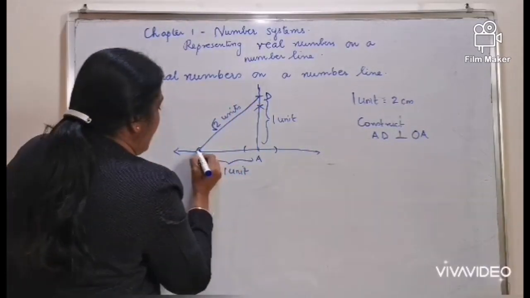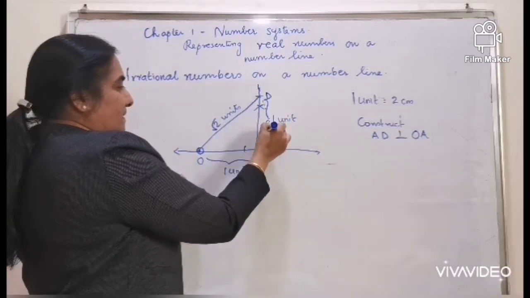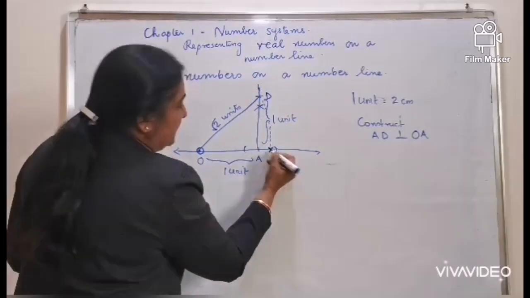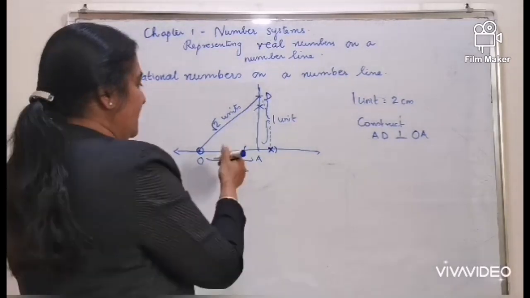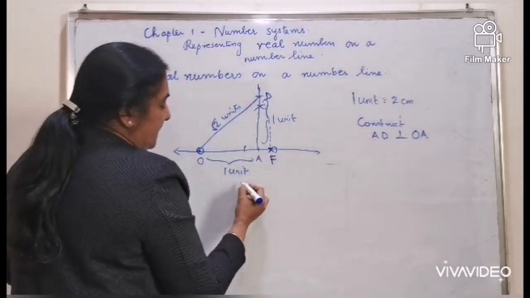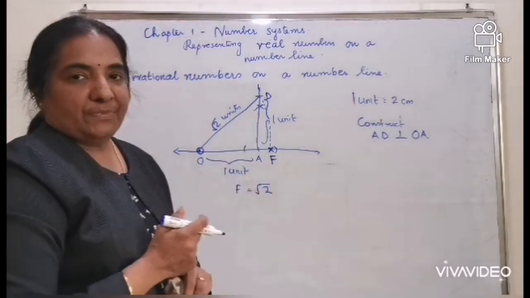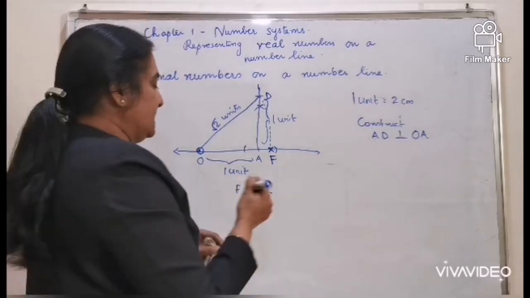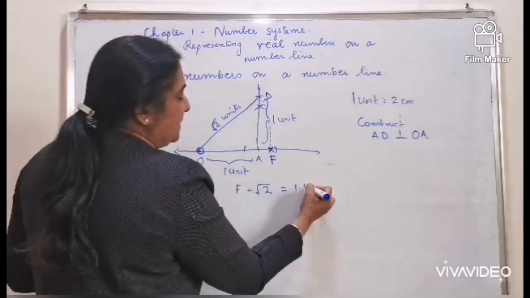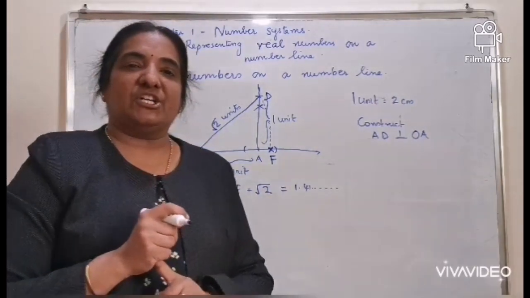With O as center and the radius as OD, if you cut an arc on the number line, the point F will represent the point root 2. If you measure on the number line, you can see the measure will be approximately 1.41 etc. as root 2 is an irrational number.